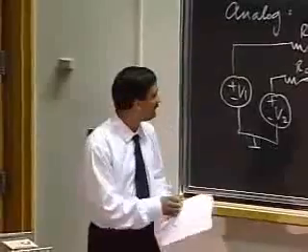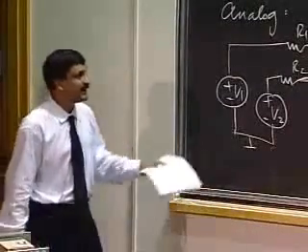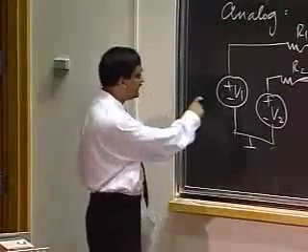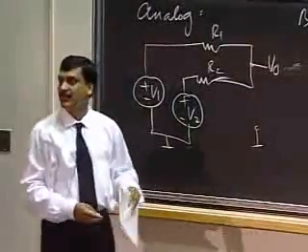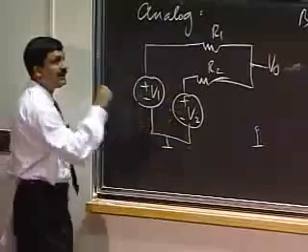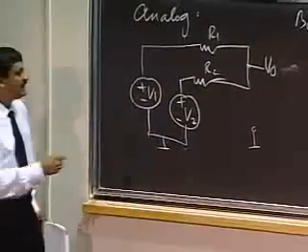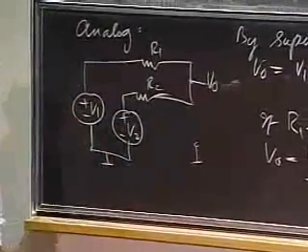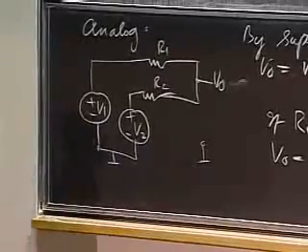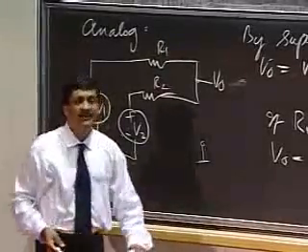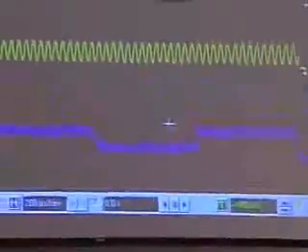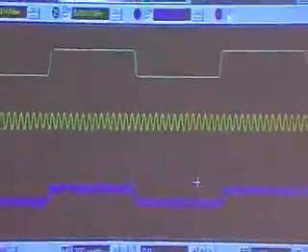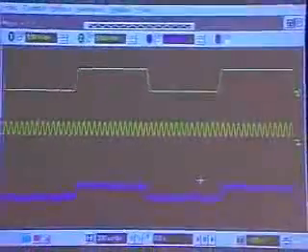Let's say, as one example, I applied a square wave at V1, which is the top curve, the green curve, and I applied a triangular wave at V2, that's the second one. As you expect, the output is going to be the sum of the two voltages, scaled appropriately. Notice that I have a square wave with a superimposed triangular wave on top.